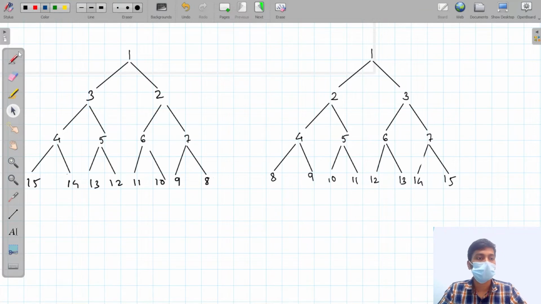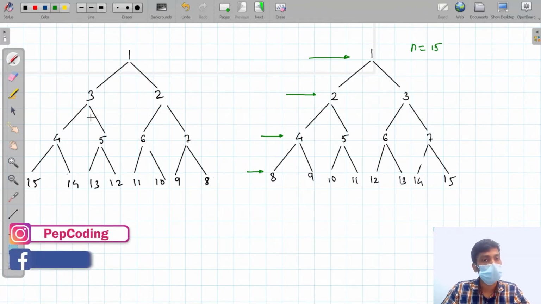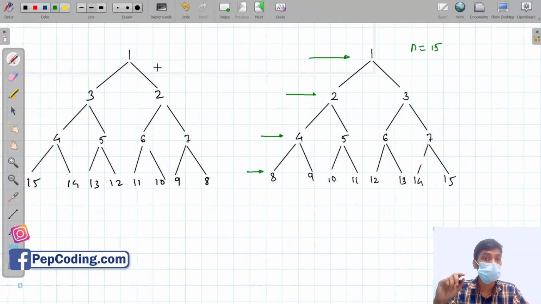Okay, so the question is saying that this is the provided binary tree to us. This is a normal binary tree. If I make a complete binary tree or infinite binary tree for n is equal to 15, it is going to look something like this. This is also a complete binary tree and is also a labeled binary tree.